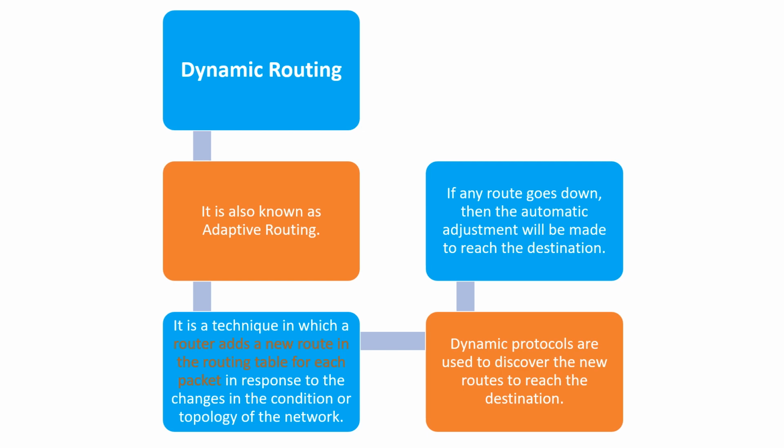If any route goes down, then the automatic adjustment will be made to reach the destination. This is about dynamic routing, an adaptive routing.